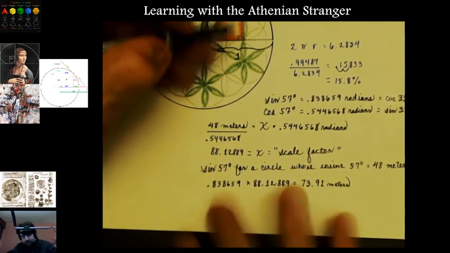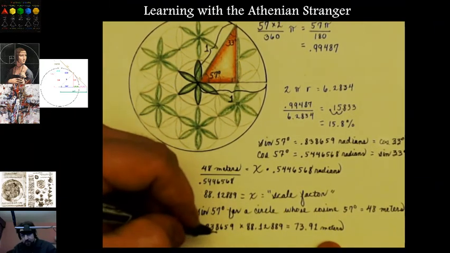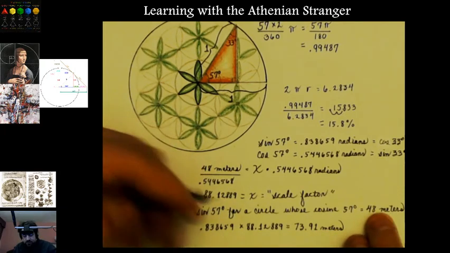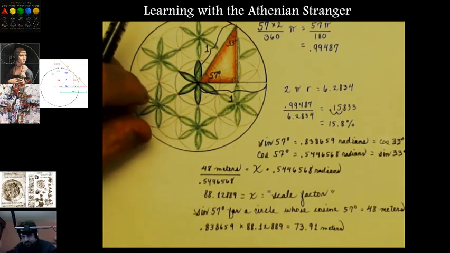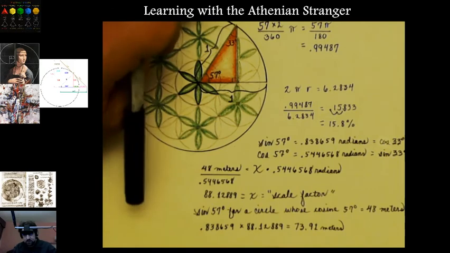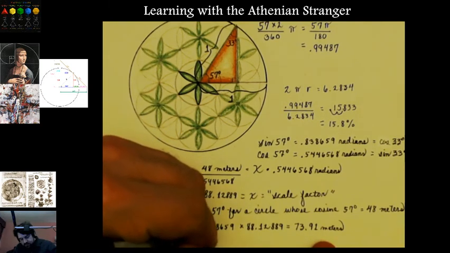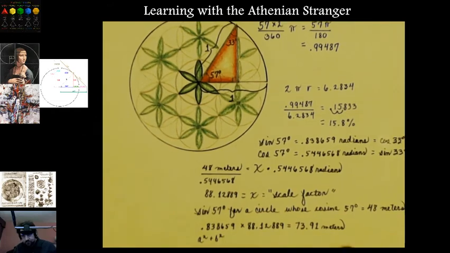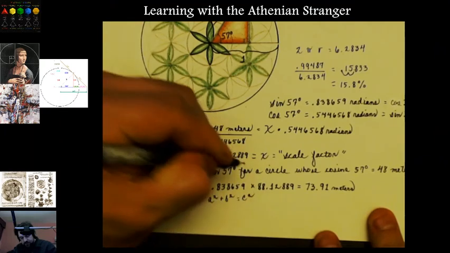So this is A, this is B, and this is C. And now we know A is 48 meters, B is 73.91 meters, and we don't know C. Let's see what happens. So A squared plus B squared equals C squared.